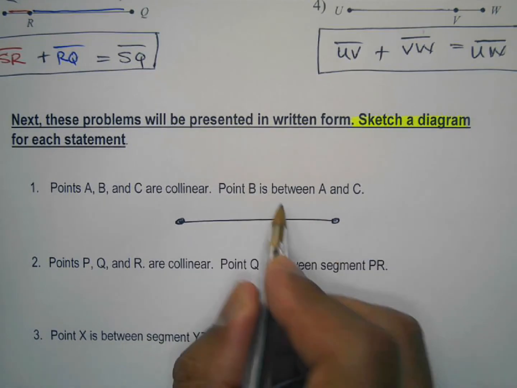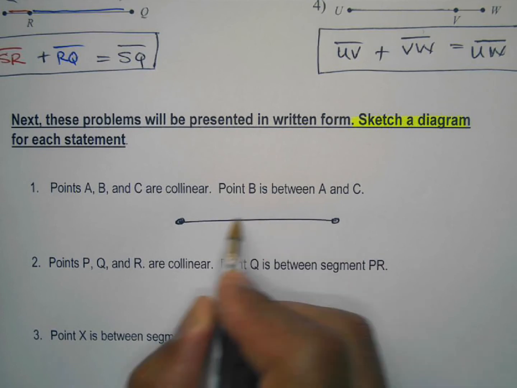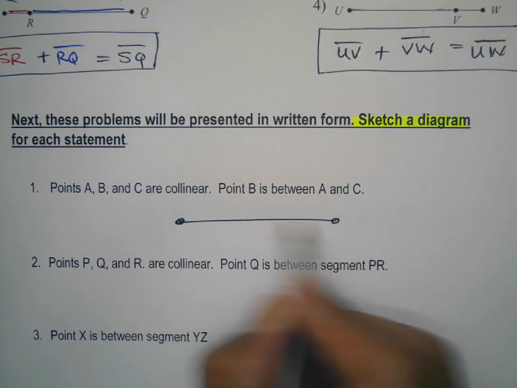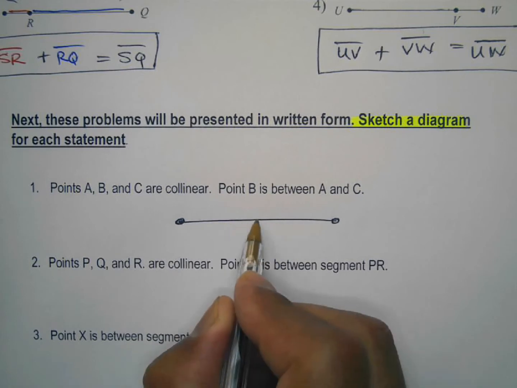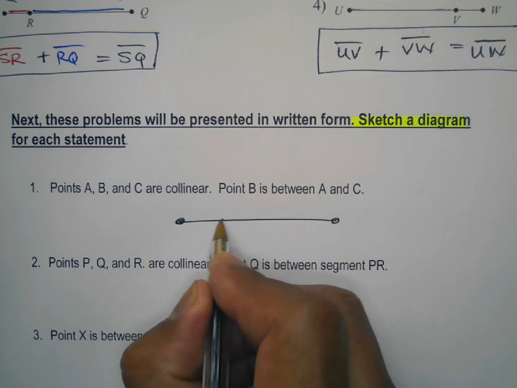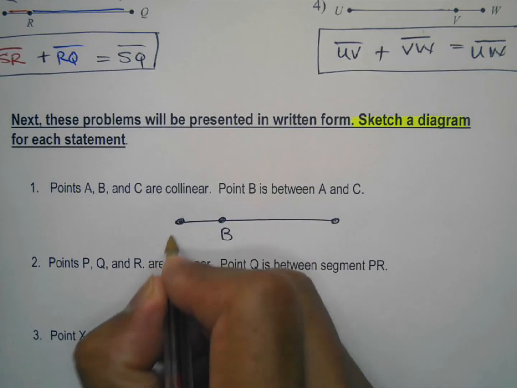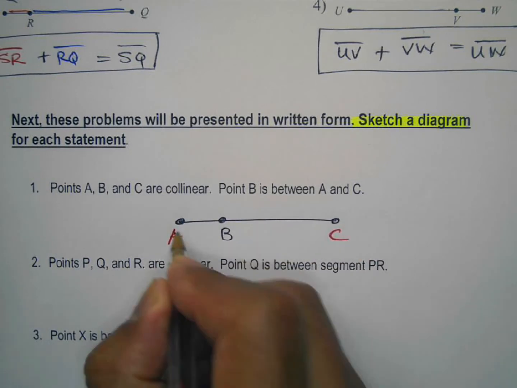It says point B. Now point B is between, doesn't mean it's the middle. It's just somewhere located between those points, but it doesn't mean it's exactly in the middle. So I'm just going to put it about right there. Point B is between what? Segment AC, like that. See?